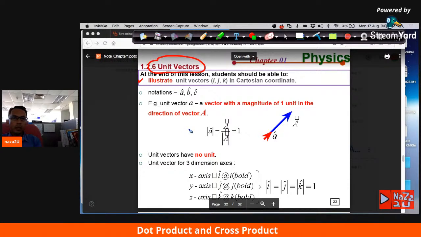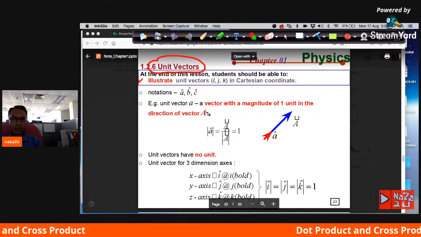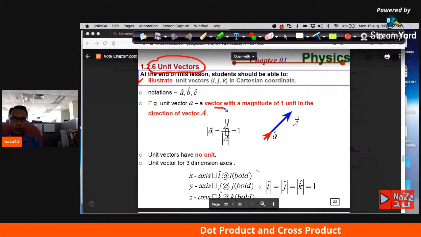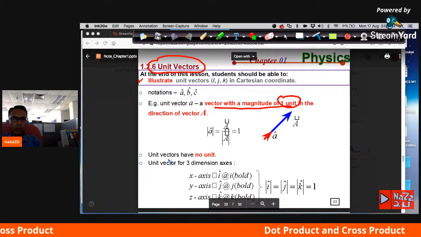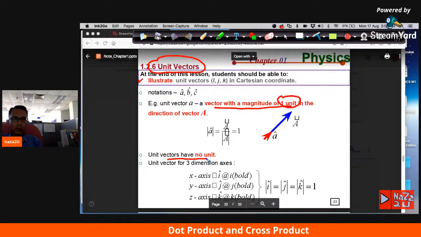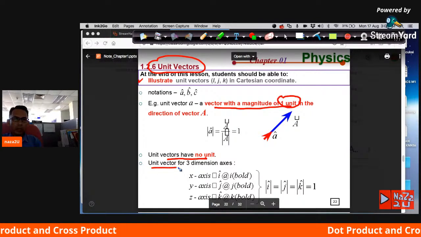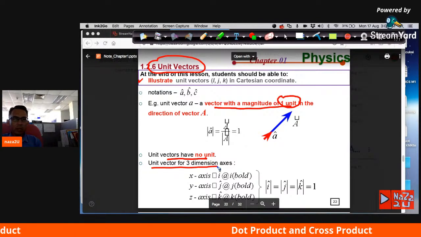First, if you look at the definition here, a unit vector is a vector with magnitude 1 unit. So a unit vector has no units, and look here at the unit vectors for the 3-dimensional axis.